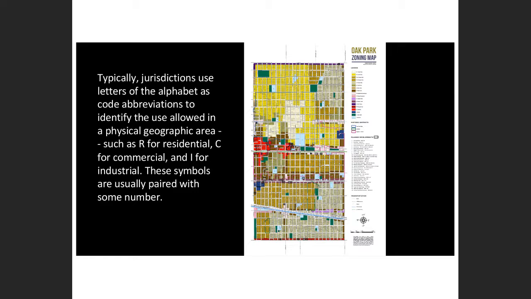They typically have letter designations: R for residential, C for commercial, I for industrial, that designate what's allowable in a certain area. And then those letters are typically paired with a number that gives more detail as to what's permissible in a certain area.